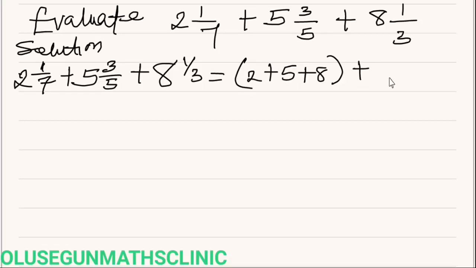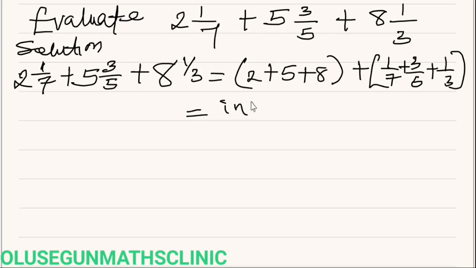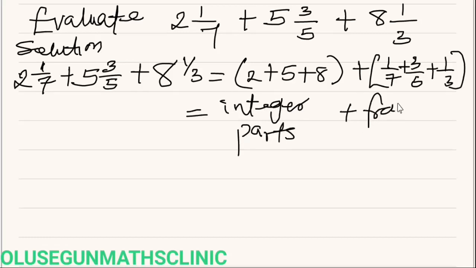The fractional part is 1 over 7 plus 3 over 5 plus 1 over 3. So these are the two parts that you must add together: the integer part plus the fractional part.